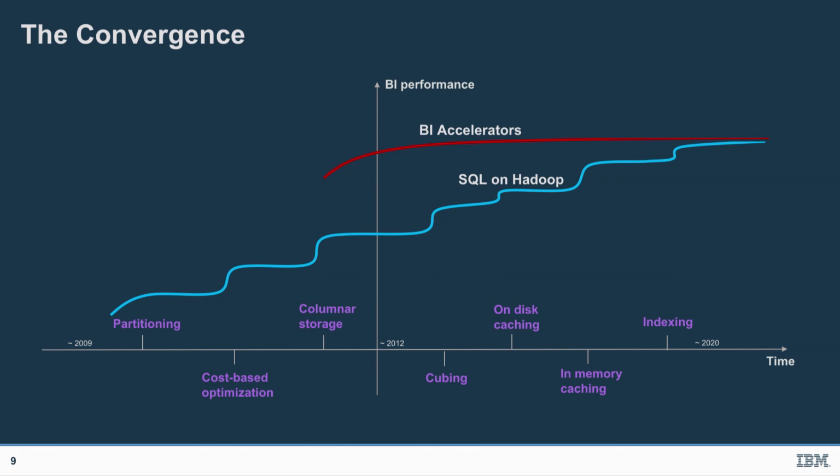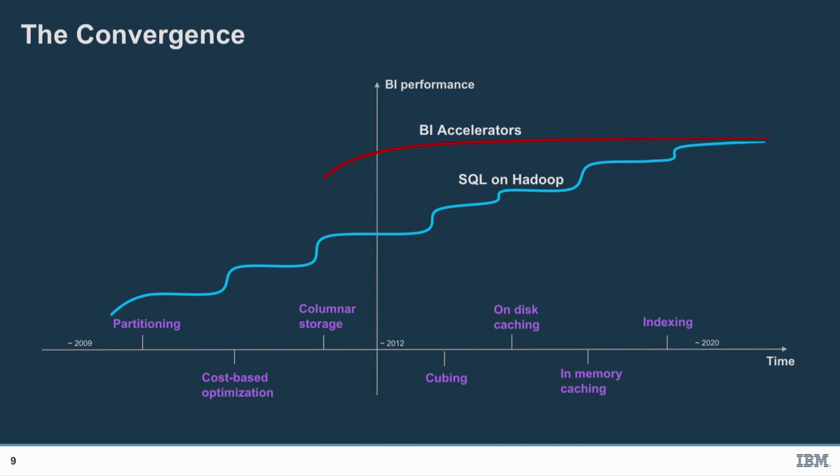Things started in 2009 with partitioning. Then at some point, different forms of cost-based optimizations were added, columnar storage, cubing, caching, and so on. Each technology that was added to the engines over the years improved the performance, but it was incremental. So we are now at the point where we are pretty close.